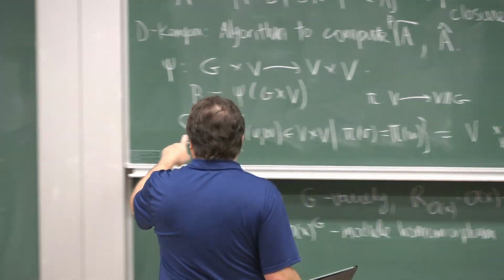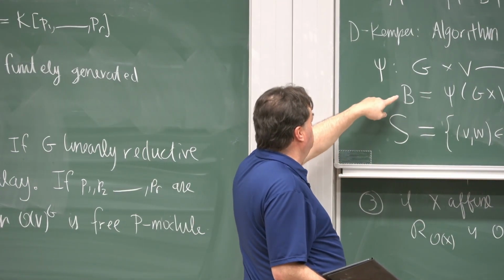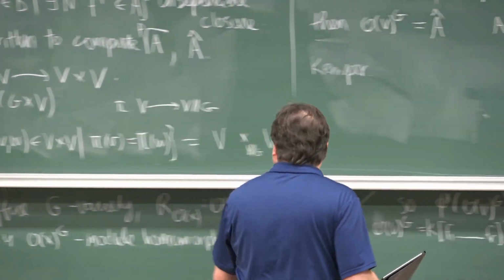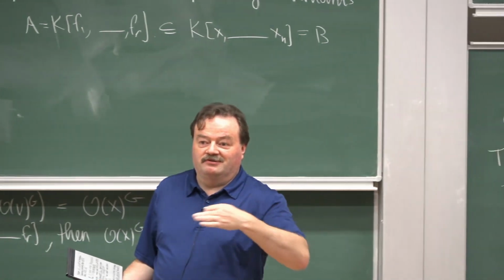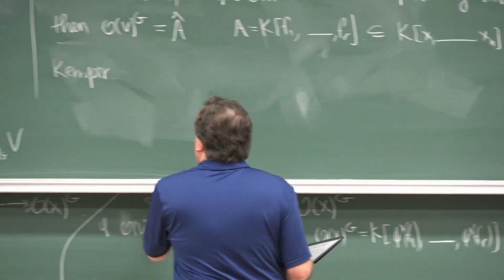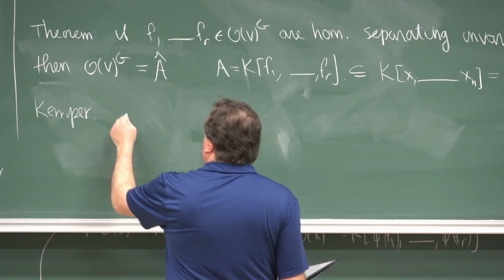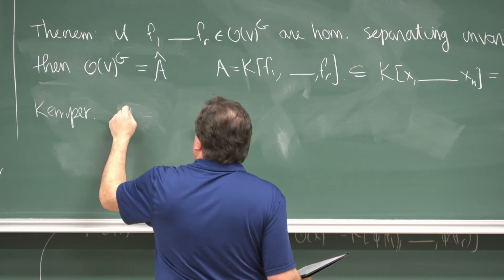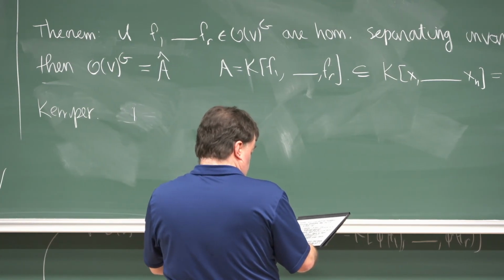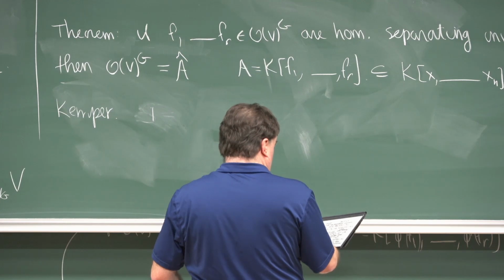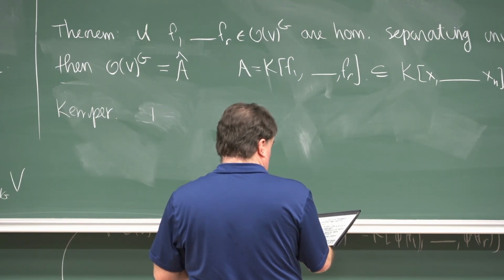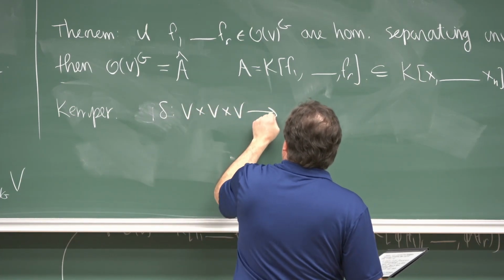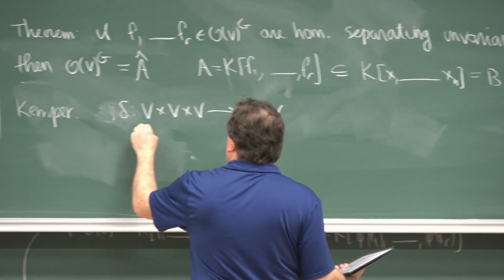As I mentioned, B is an equivalence relation, but the closure of B is not an equivalence relation. But we can take the transitive closure of the closure of B, and in fact we only have to do one step. So let me call this, let's see, what did I do in my notes? Yeah, define the map on V cross V which is the projection on the first and third coordinates, right?